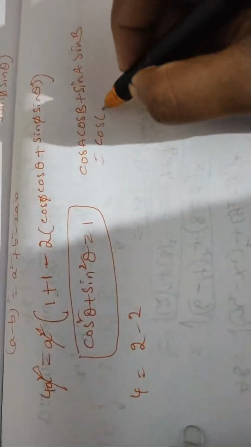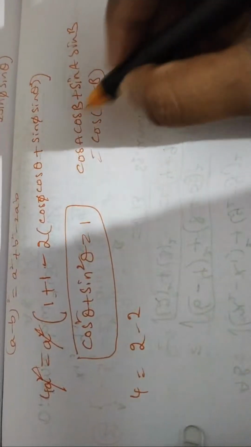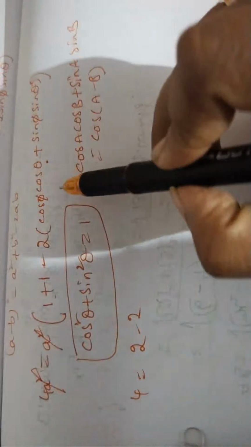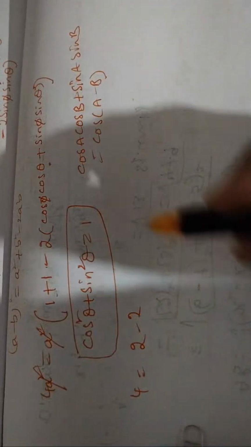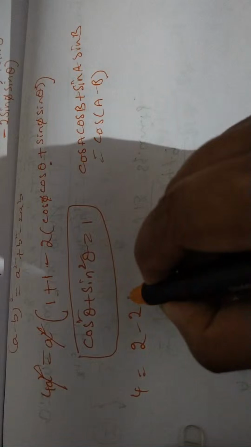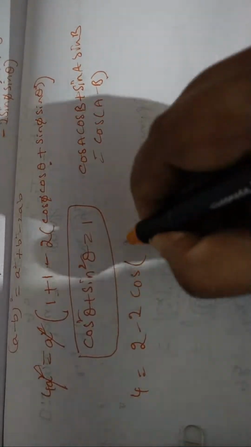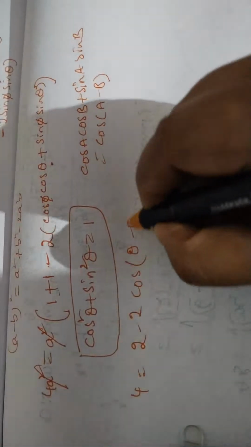Cos A cos B plus sin A sin B is cos of A minus B. What is A here? Theta we take as A and B we take phi. So I will write cos of theta minus phi.